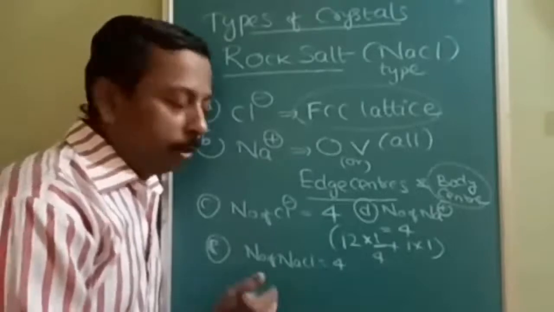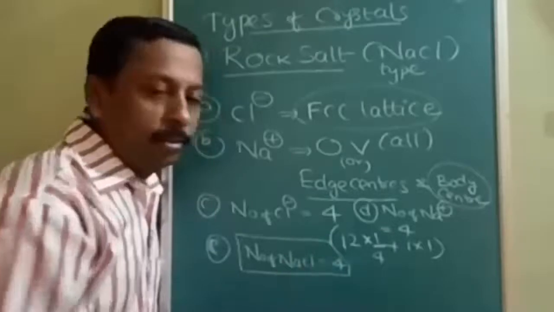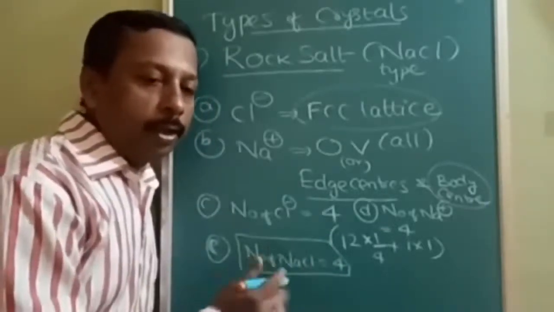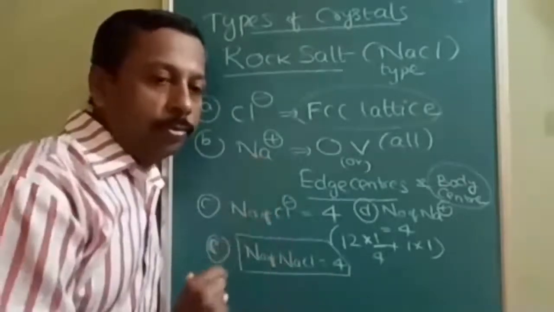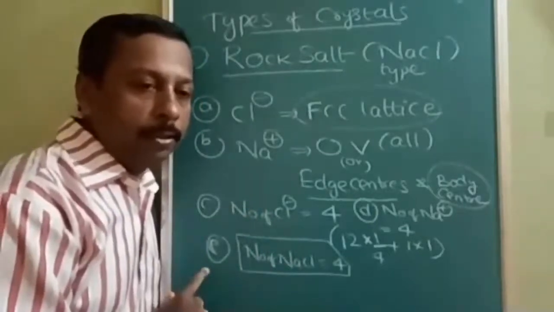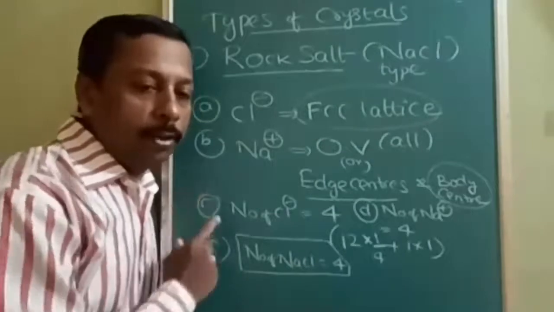Based on this, some numericals come. How many unit cells will be made by this rock salt? For that, you write 4 NaCl is equal to 1 unit cell. Is it understood? So up to the 5th point is clear. It is not complete yet. I am going to give some more points. So note down these 5 points.